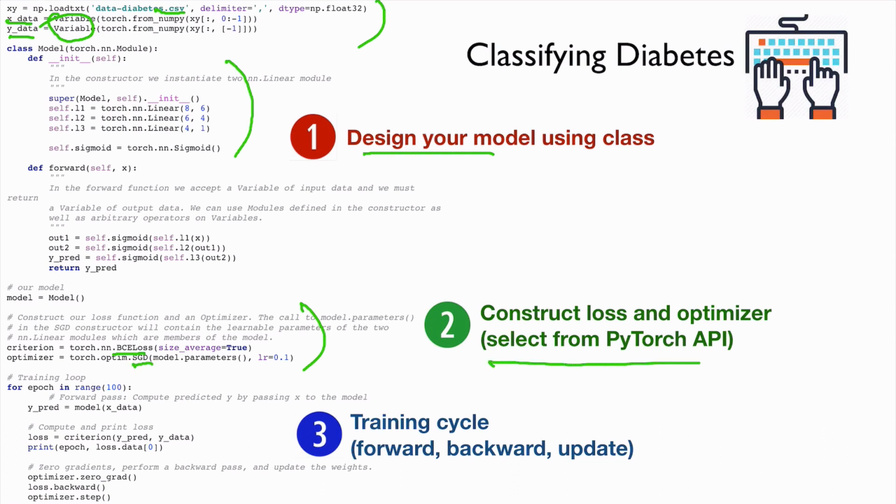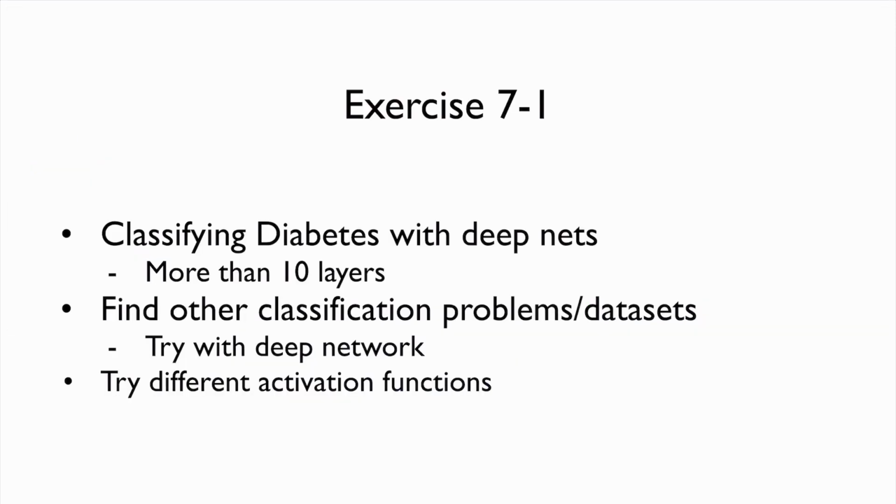This is our loss and the optimizer, and then we run this training cycle. Basically we feed the entire data for the loss, and after computing the gradients, we just update our weights, and that's it.